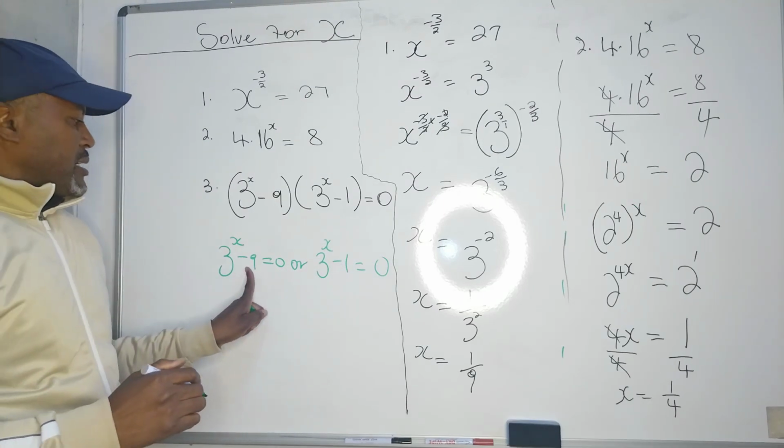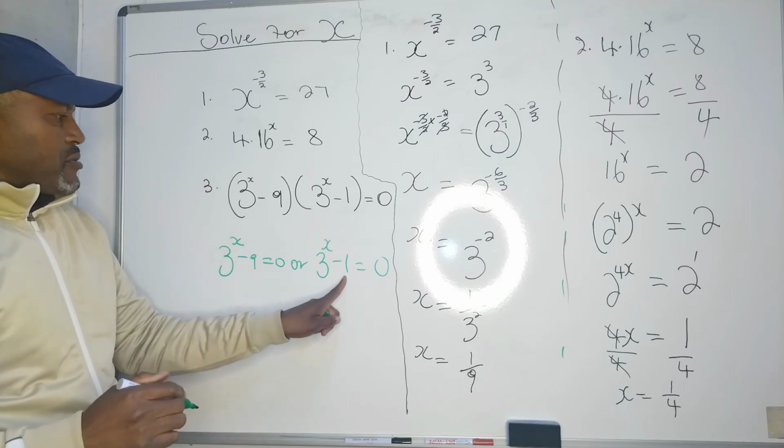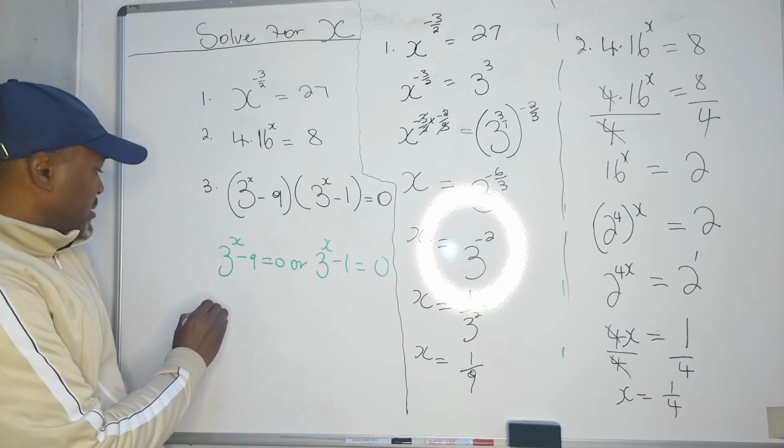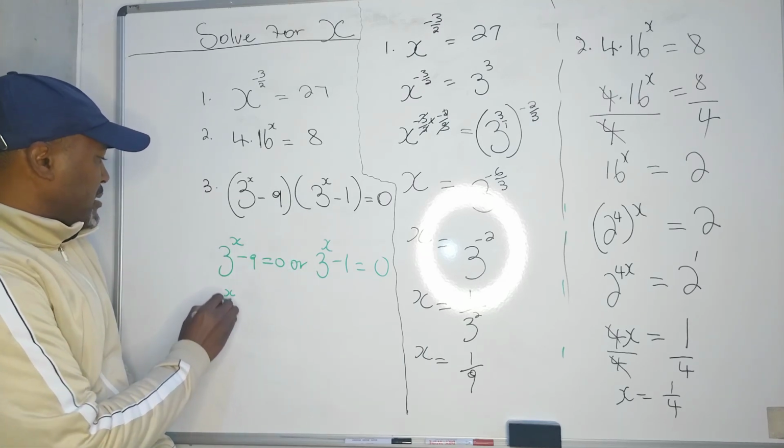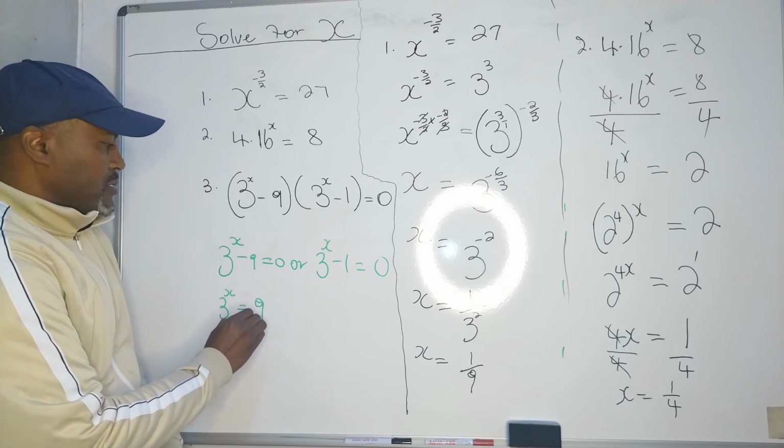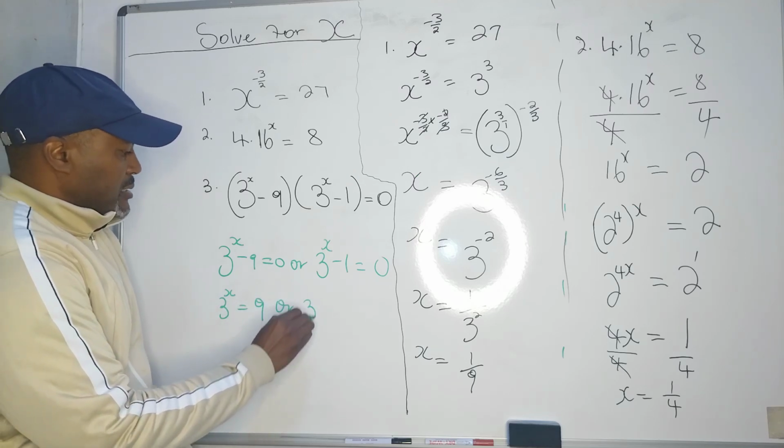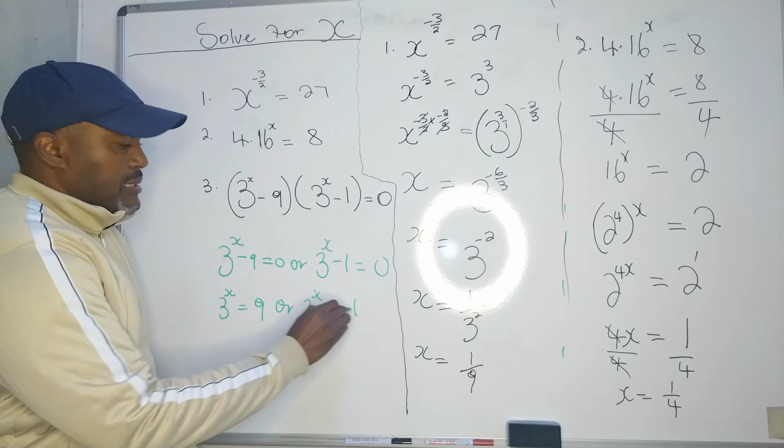Now take every value to the other side. 3 raised to x is equal to 9, or 3 raised to x is equal to 1.